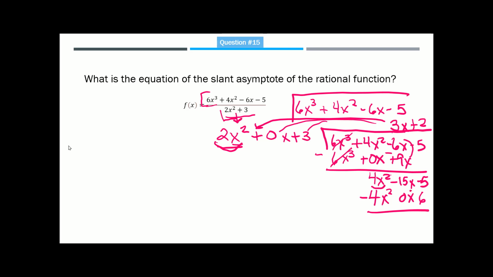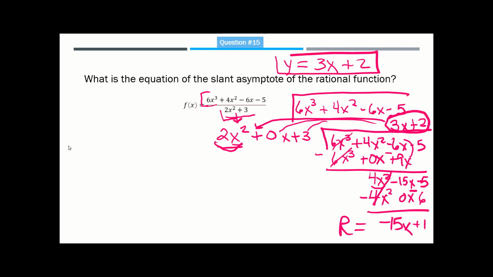And we change everything to its opposite sign and add, and we get -15x plus 1 is the remainder. We don't need to worry about the remainder. This is our slant asymptote: y equals 3x plus 2. We would graph that line, and that's where f of x, the solutions would never touch.